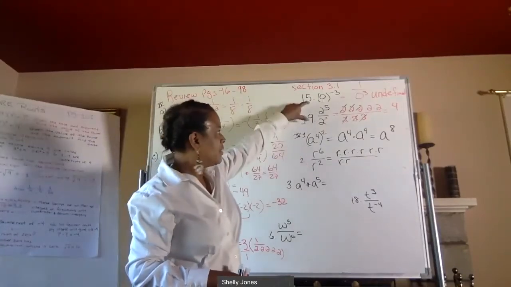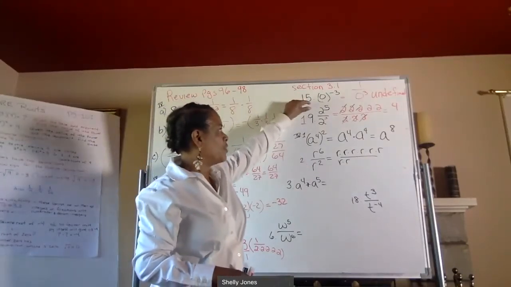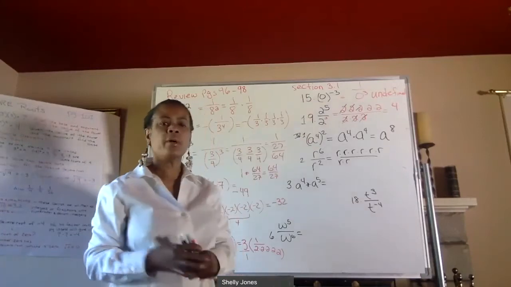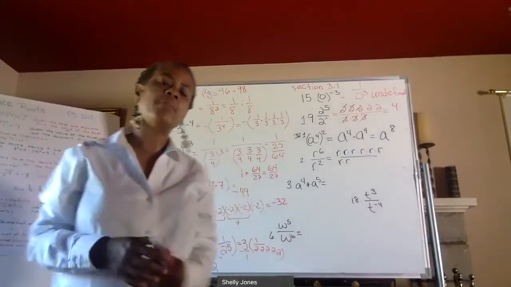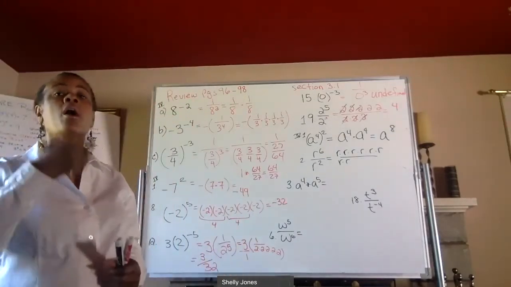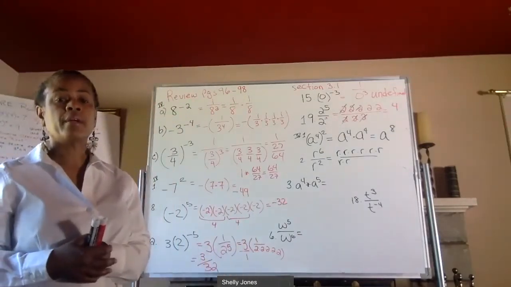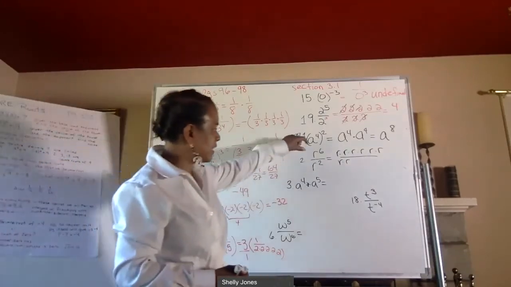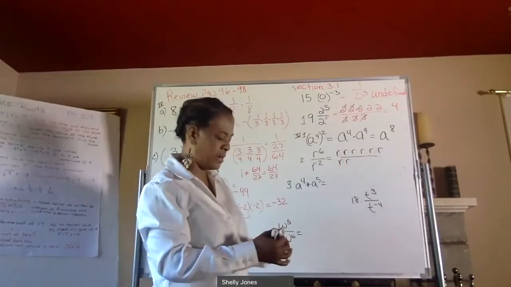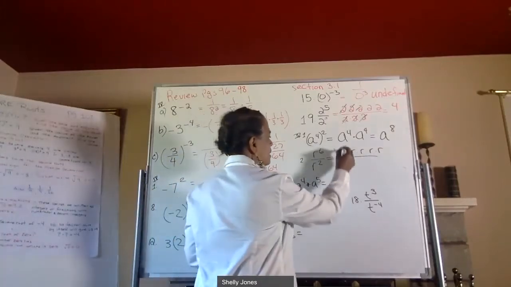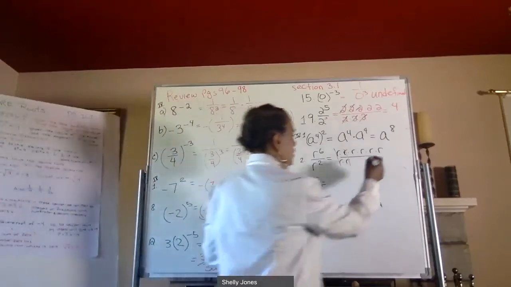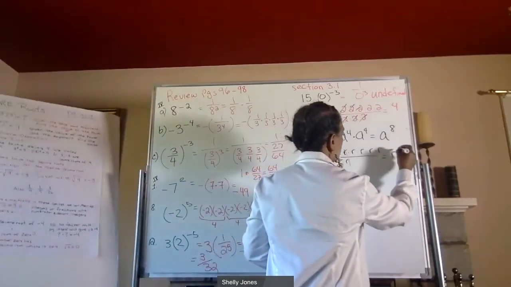I had more in the numerator than in the denominator. So I'm thinking my answer is going to end up with more R's in the numerator, and how many more? 4 more, because I had 6 up here and 2 here. So I'm going to cancel these 2, and I have 4 left. So I end up with R to the 4th.